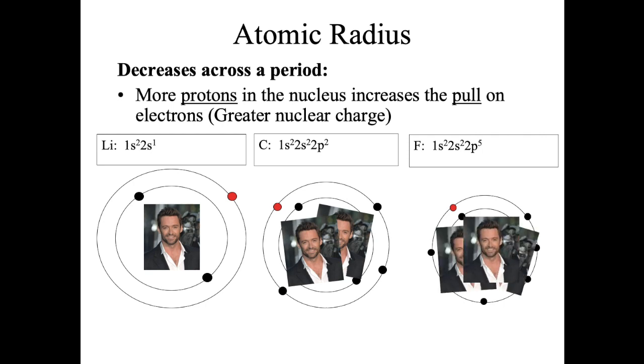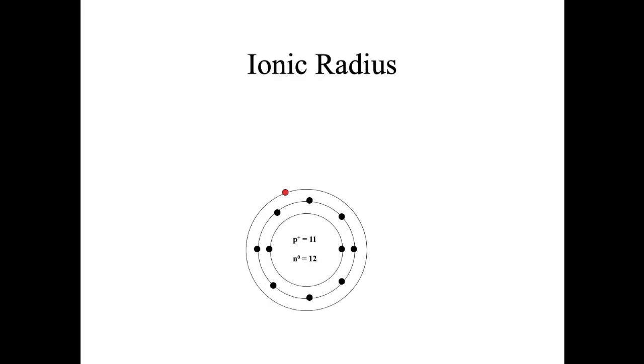And in fluorine, let's say there's 3 Hugh Jackmans in the nucleus. I'm going to feel an even stronger attraction to the nucleus and try to get closer to it. And that's the main idea with why atomic radius decreases as you go across a period.